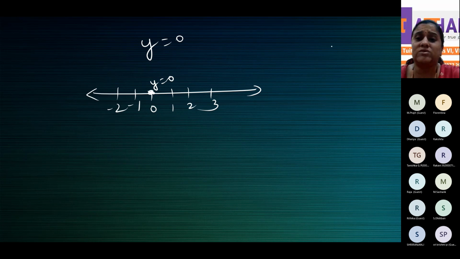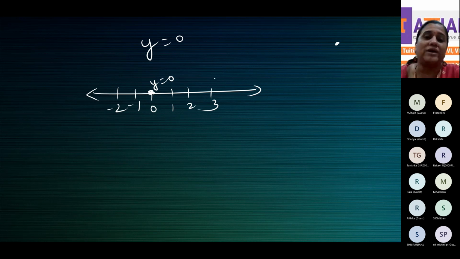So it's a point. And what is a line? A line is a collection of infinitely many points. We know that there are infinitely many points on a straight line.